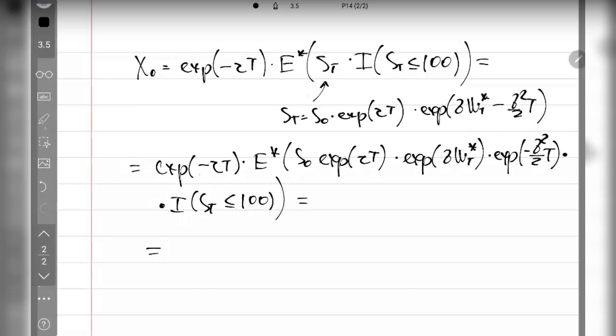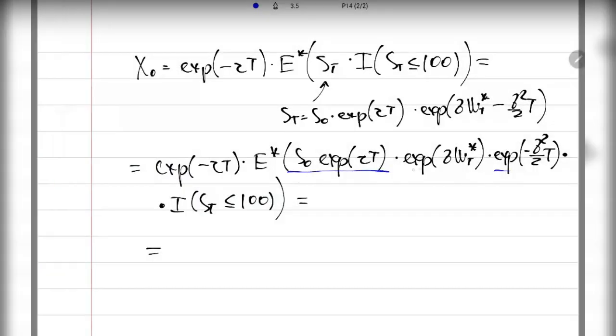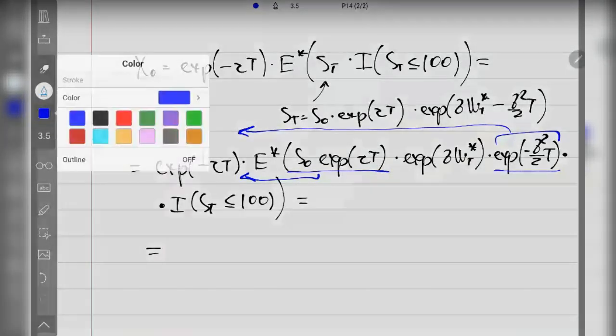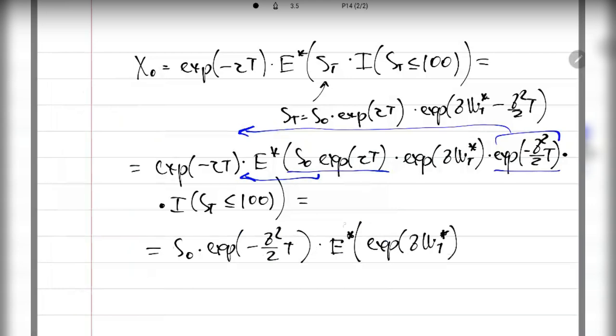Now we move all non-random quantities outside of the expected value. That is non-random. That is non-random. Hence, we will have S0 multiplied by exponent minus sigma squared over 2 times T, times expected value star of exponent of sigma WT star multiplied by the indicator that ST is less than 100.